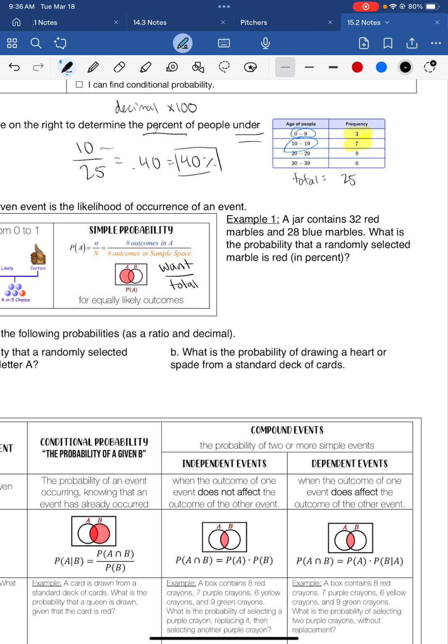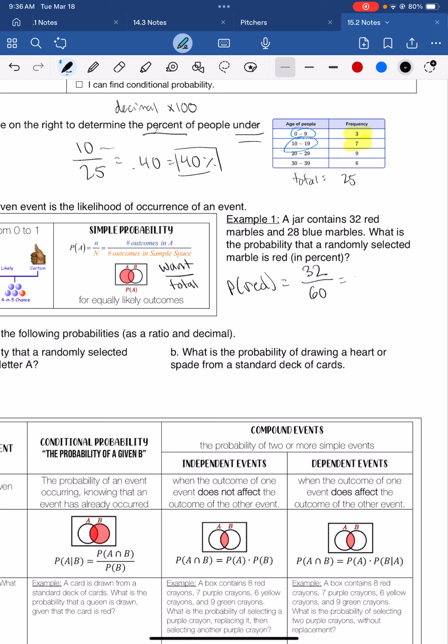All right, so if we look at this first example, a jar contains 32 red marbles and 28 blue marbles. What is the probability that a randomly selected marble is red? So we would say the probability of getting a red marble is equal to what we want, which is a red marble, divided by the total number of marbles. Well, our total number is 32 plus 28, which is 60.